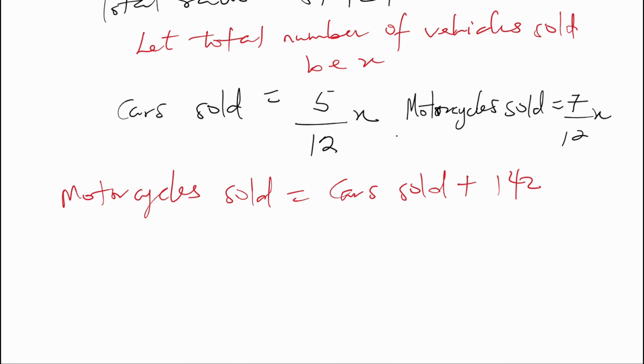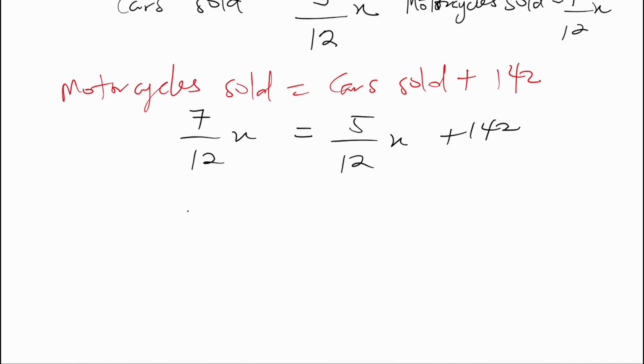But we know that motorcycles sold is 7/12x. So we can say that 7/12x is equal to 5/12x plus 142.